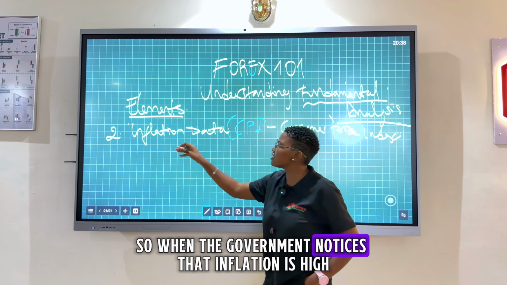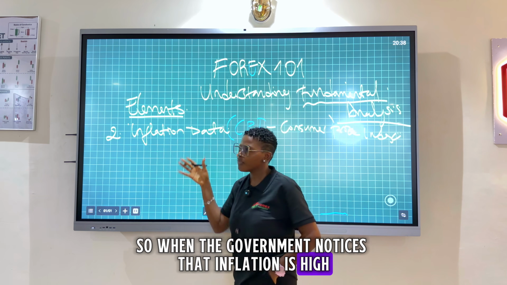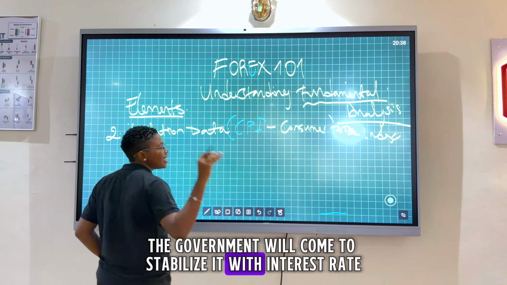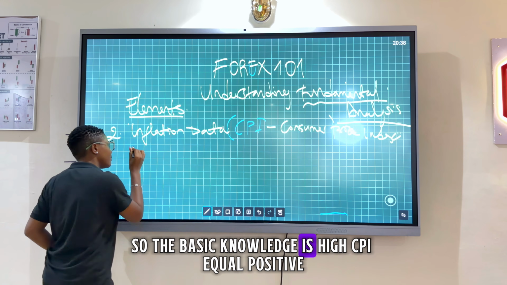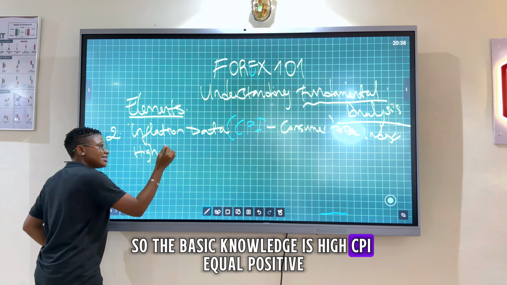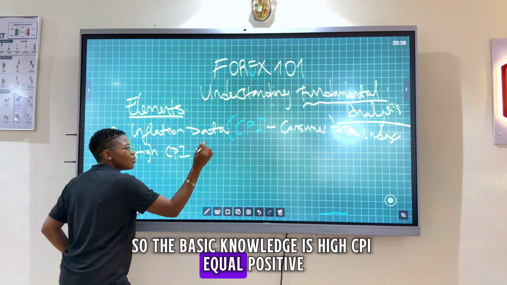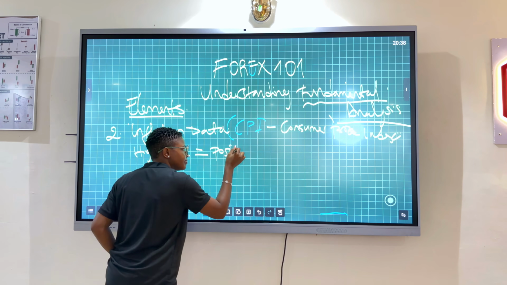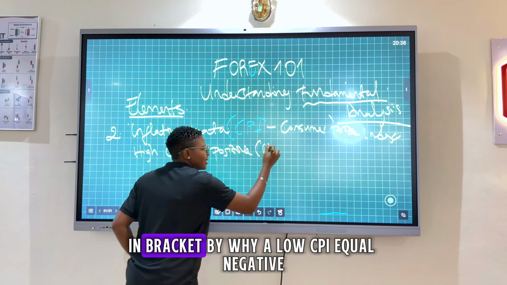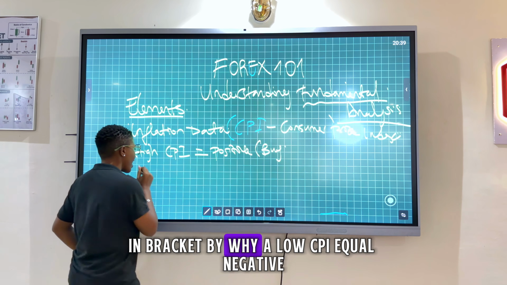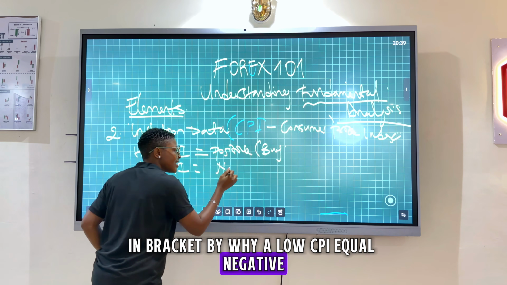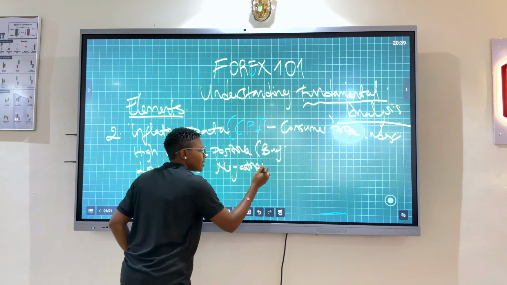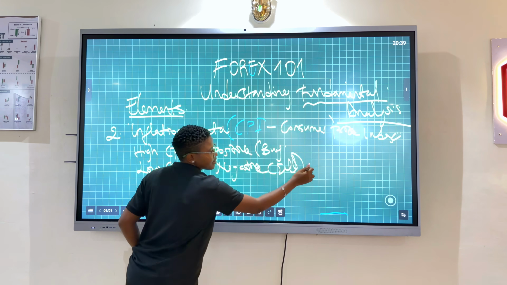So when the government notices that inflation is high, the government will come to stabilize it with interest rate. So the basic knowledge is high CPI equal positive, in bracket buy, while a low CPI equal negative, in bracket sell.